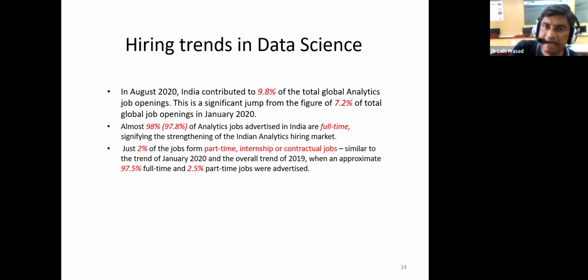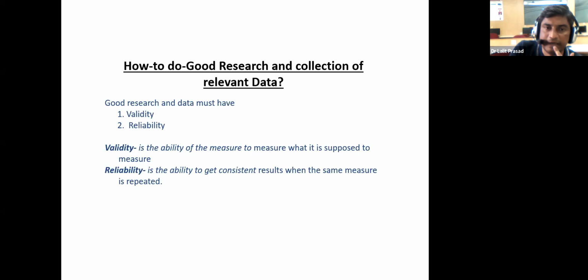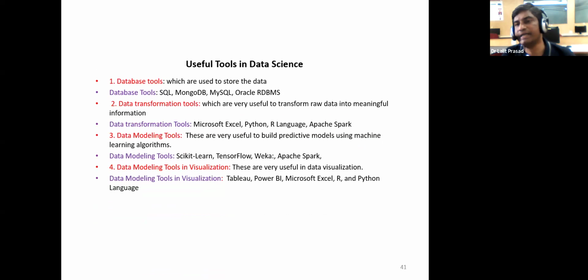So these are certain hiring trends that we need not discuss here. Hiring trends of analytics, certain profiles. You can see useful tools in data science. Database tools, which are used to store the data: SQL, MongoDB, MySQL, Oracle, RDBMS, and all these things.